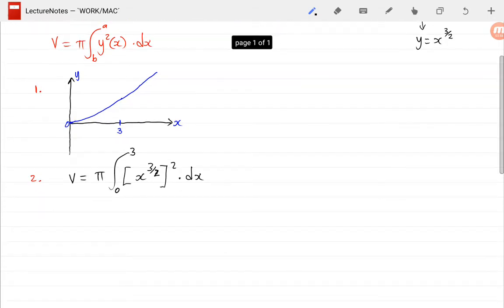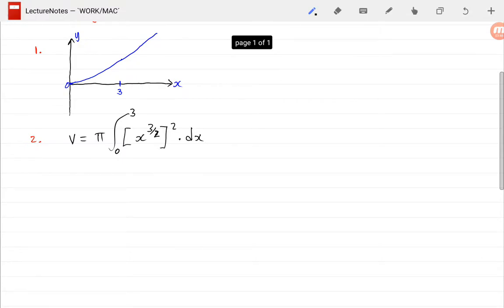Okay, and next we're going to have to simplify this before we can start integrating. So we're going to work on the bracket that's inside our integral. We're going to keep this integral here, and we're going to have x to the power of 3, because that 2 and that 2 will cancel, and then we're going to be left with dx.